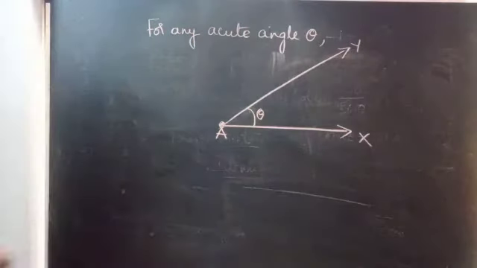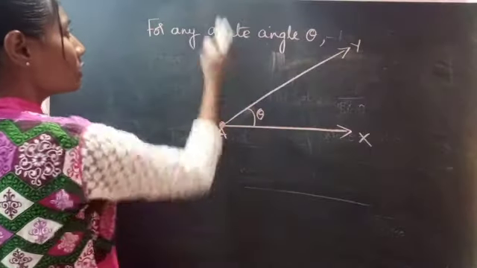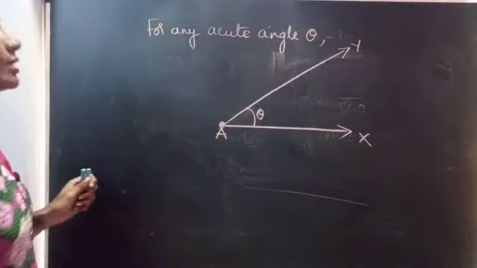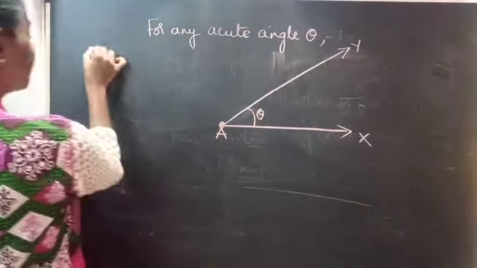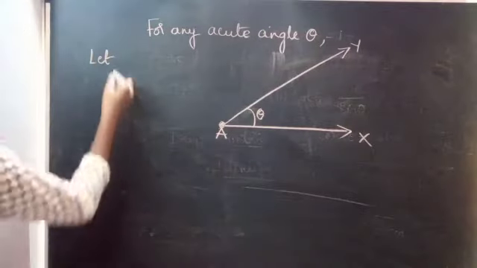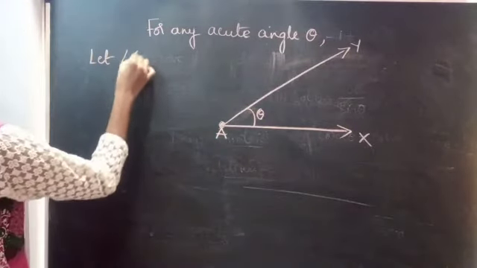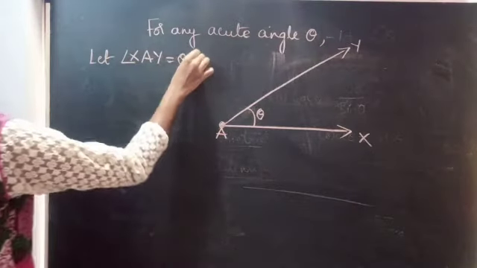An acute angle is nothing but an angle that lies between 0 and 90 degrees. So, let angle XAY equal theta.